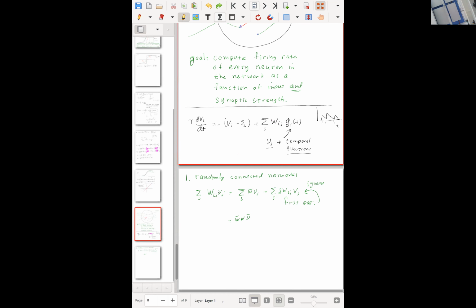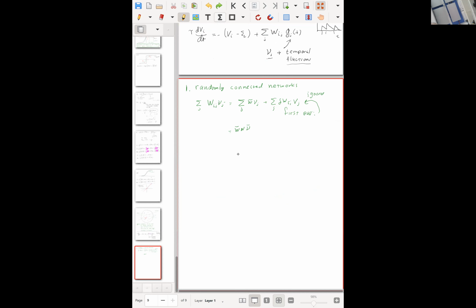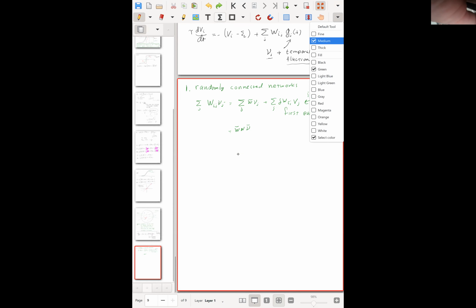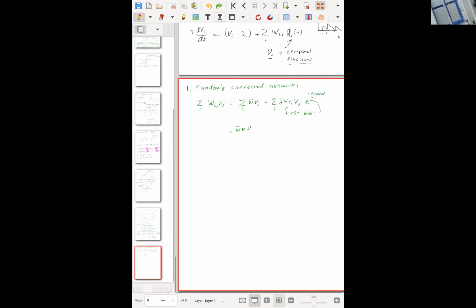So we took this model and replaced the right-hand side by the average firing rate, which seems like an insanely harsh approximation, but even that was complicated. That gave us the Wilson-Cowan equations, which had a kind of complicated nullcline structure.